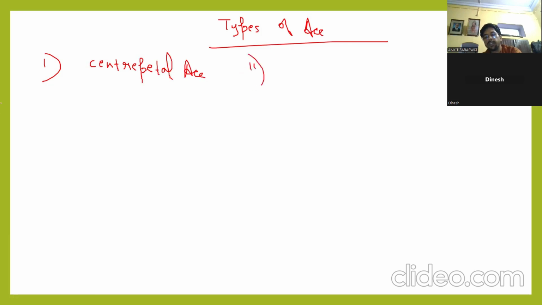Next is tangential acceleration. Third is alpha, angular acceleration. Clear? You can write angular acceleration, alpha.